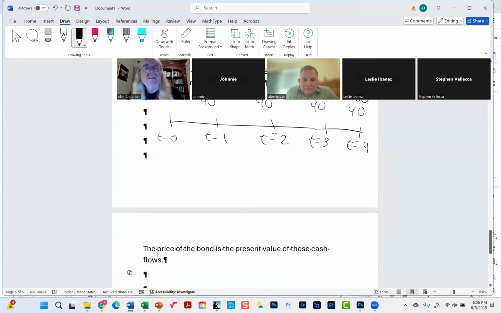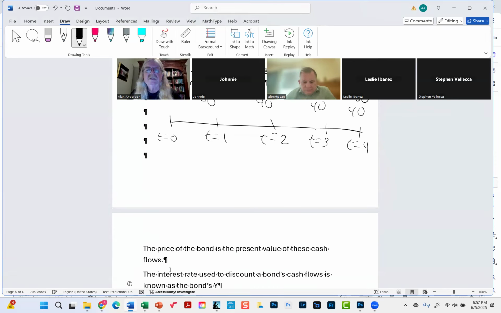Now, we're going to have to make an assumption about the appropriate interest rate to use here to discount these cash flows. And that interest rate is known as the bond's yield to maturity.